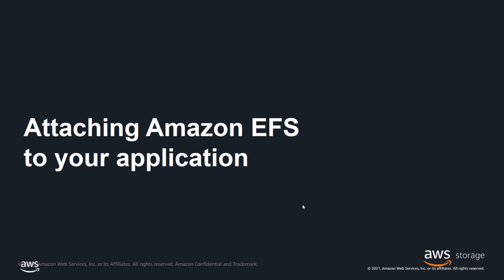But if you need to share data between multiple resources, then you need a shared file system, which pushes you to EFS. Another reason why you might choose EFS over EBS is the regional nature of EFS that I just mentioned. It's a regional service. So if you want an application that can fail over from one availability zone to the other, then EFS is probably a good fit.